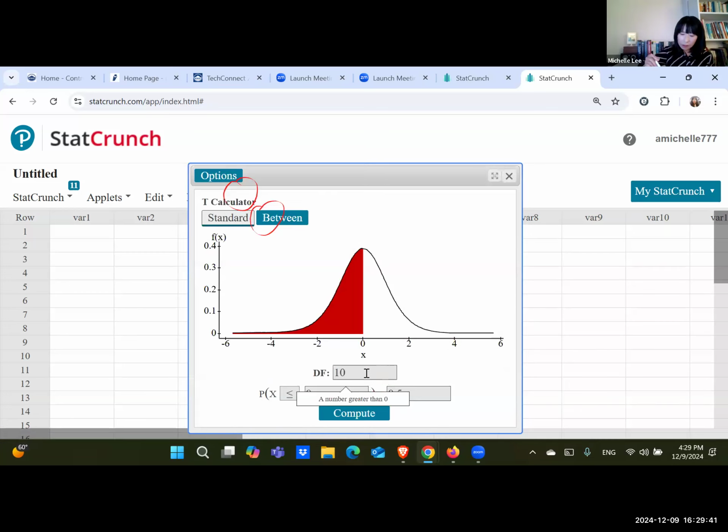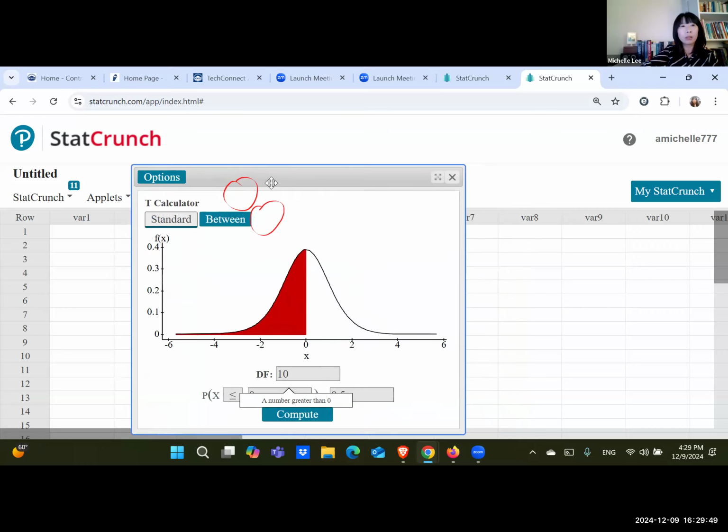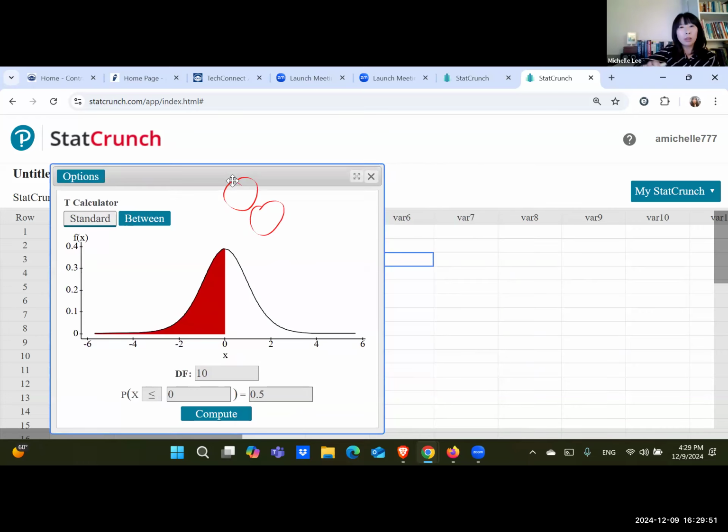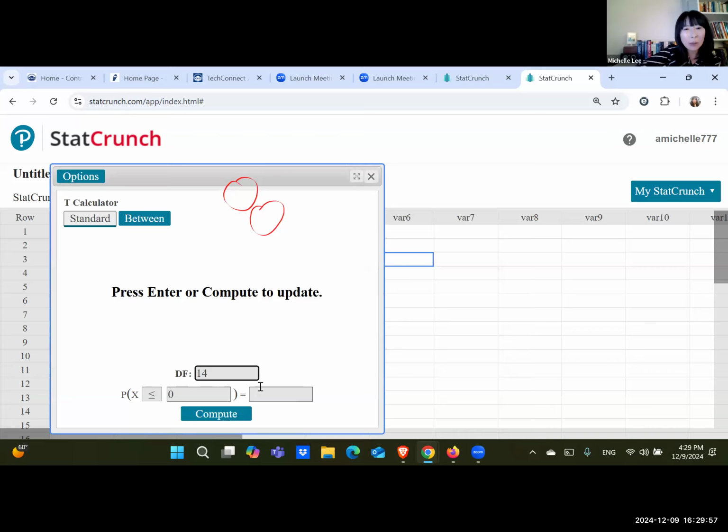All right. So the sample size is 15. What is the degrees of freedom? 14. Thank you very much. 14. And then 99% level of confidence, so the other side is 0.99.